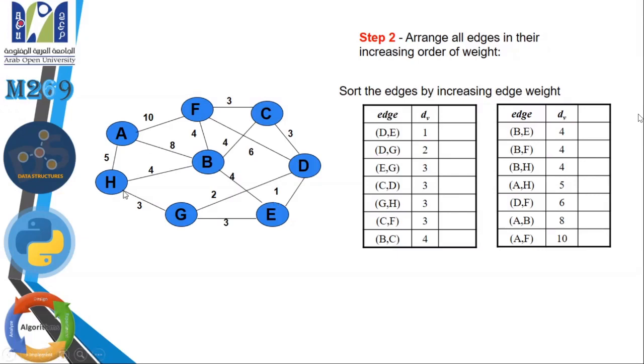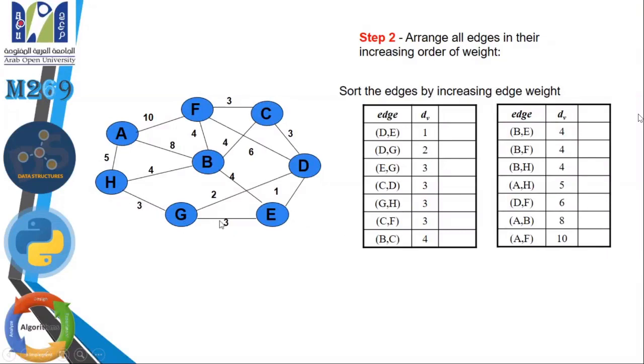You will notice that we have several 3s. That is 3, that is 3, that is 3, that is 3. You can select any one of them. So now, EG, that is 3. CD, that is 3. GH, that is 3.